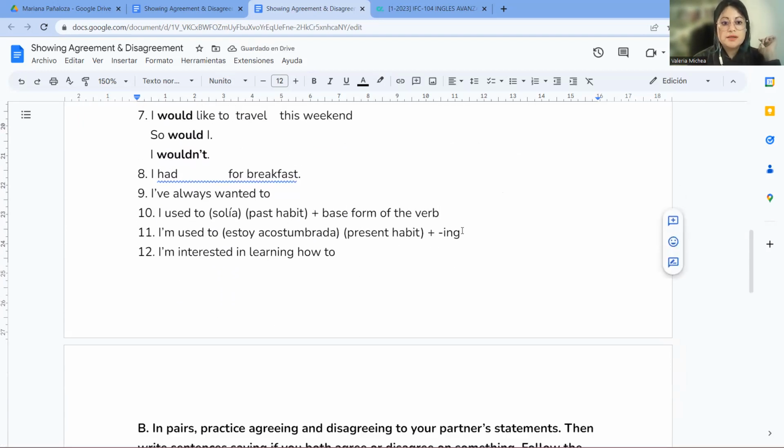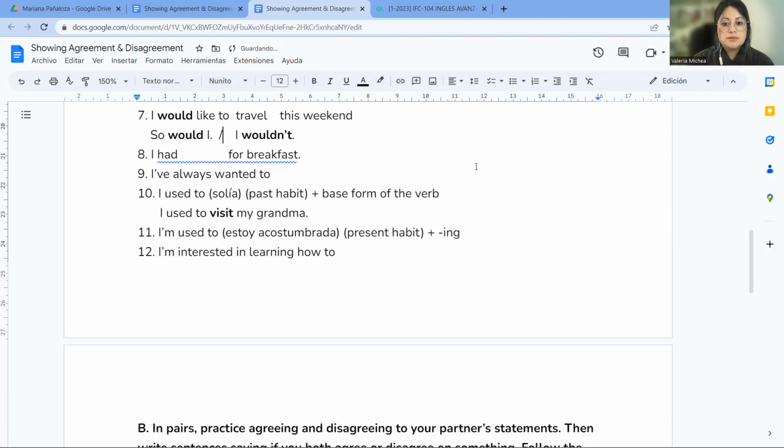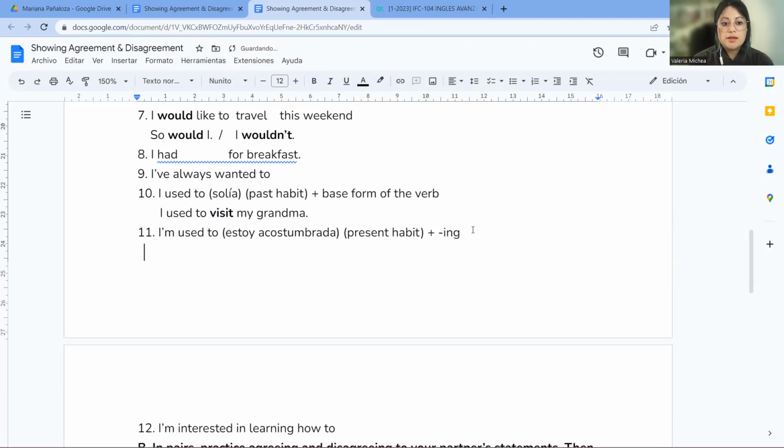So I could say, again, for example, I used to visit my grandma. This is the base form of the verb. What happens with this one? I cannot say I am used to visit. In this case, it's I'm used to visiting my grandma.